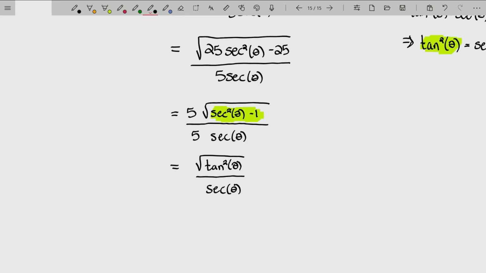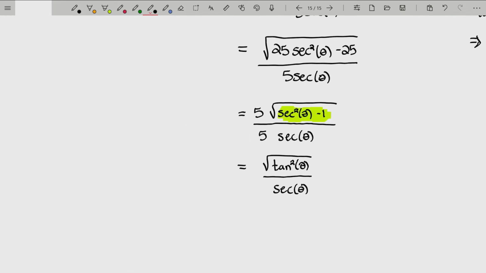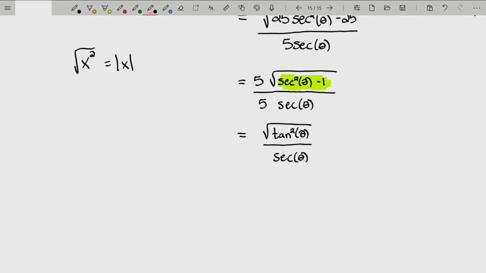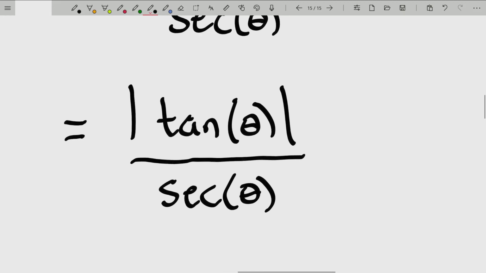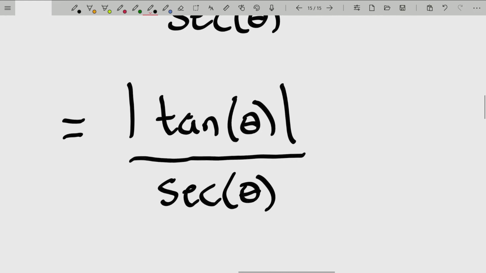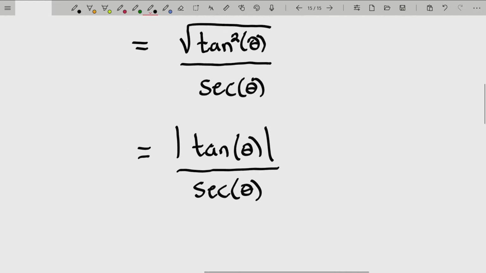Now, in the previous lecture video, I mentioned the square root of x squared is the absolute value of x, and that is totally true. However, I'm going to write it here. It's the absolute value of tangent of theta, over secant of theta. If that piece within the absolute value is positive, there's no need to have the absolute value.